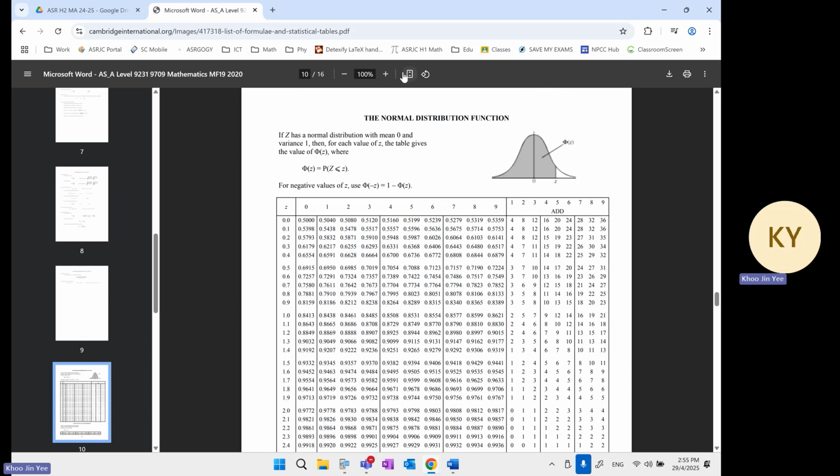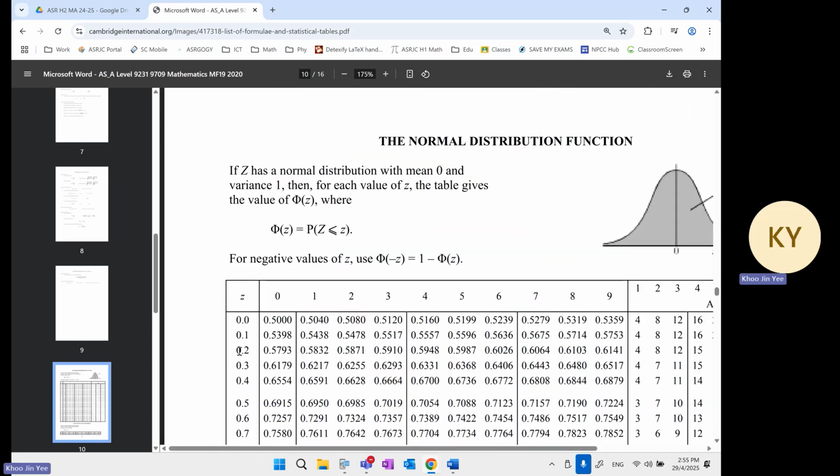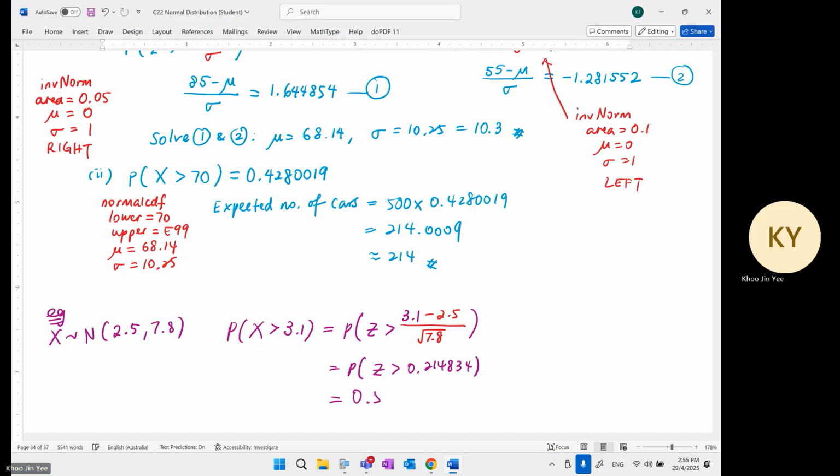Okay, so what I do is I look for 0.214 all the way here, right? So 0.5832 plus 15, so 0.5847. Okay, something like that from the table, right?